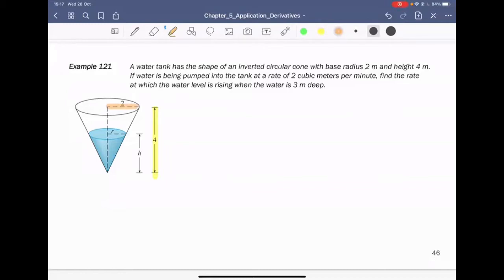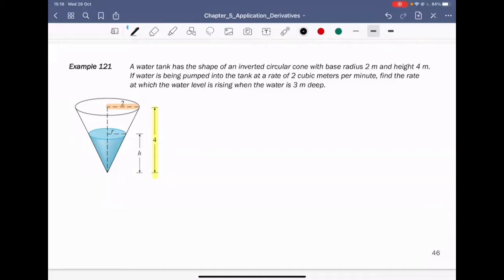If water is being pumped into the tank at a rate of 2 cubic meters per minute, the water gets into the tank at 2 cubic meters per minute. We want to find the rate at which the water level is rising when the water is 3 meters deep.